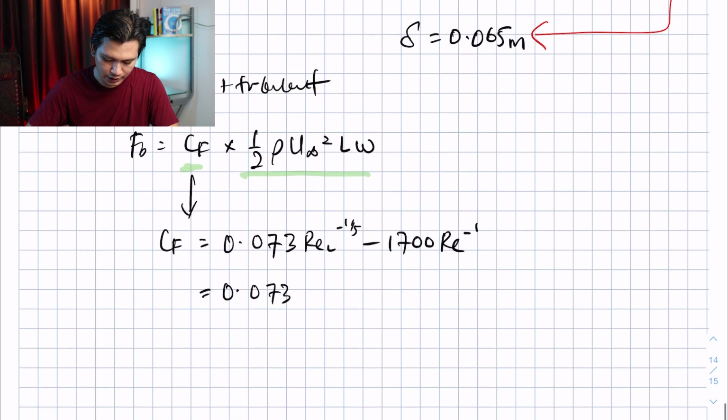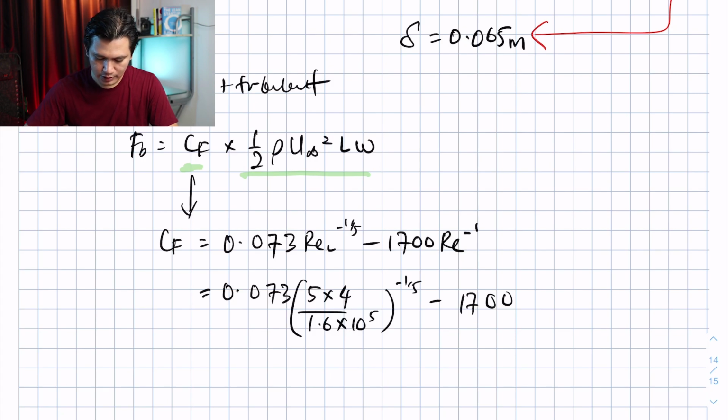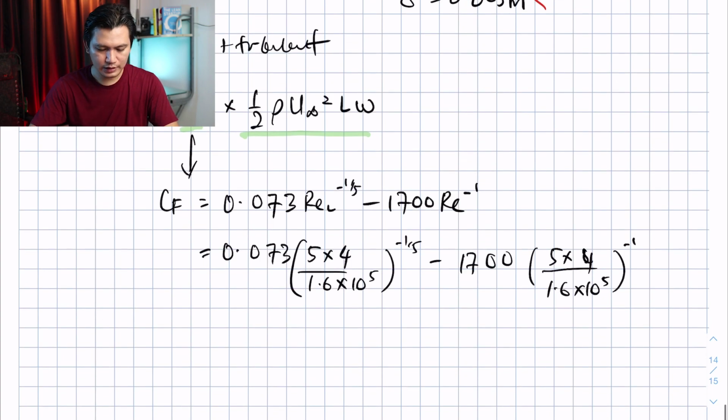So CF is simply 0.073 times REL, where U infinity is 5 times L is 4 divided by nu is 1.6 times 10 to the power of minus 5, all to the power of minus 1 over 5, minus 1700 times RE to the power of minus 1, where RE is again 5 times 4 divided by 1.6 times 10 to the power of minus 5.